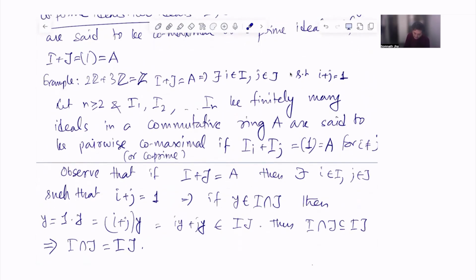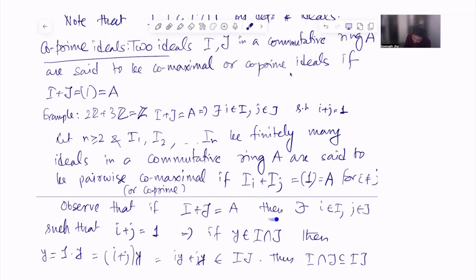Now, if that happens, as I explained, if I plus J equals the whole ring, then there is small i in capital I and small j in capital J such that i plus j equals 1.